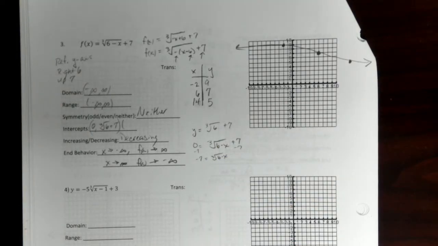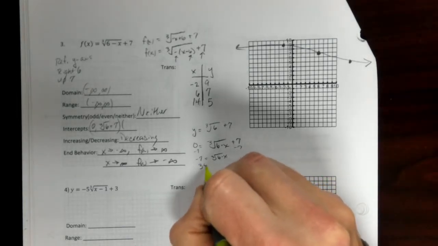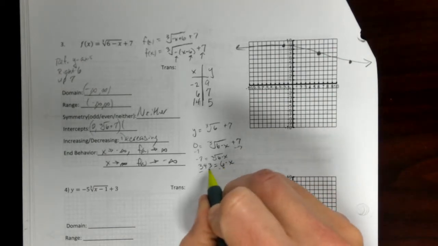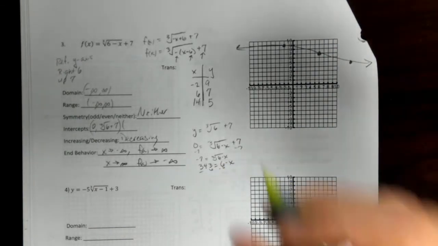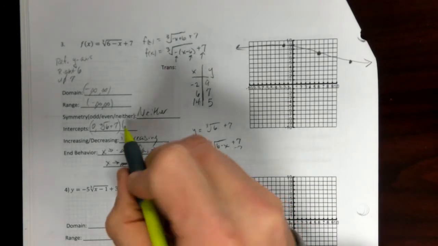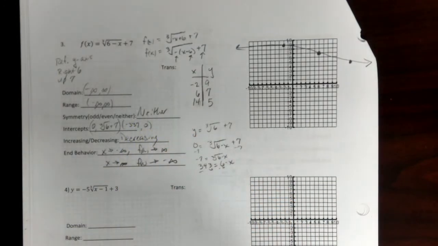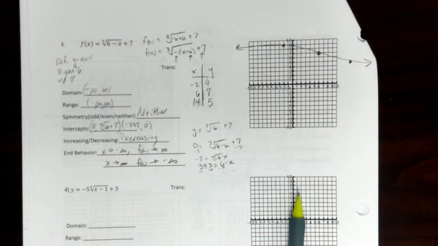We'll take 7 and we'll cube it. We get 343 equals 6 minus x. Subtract 6. And we get x equals negative 337. So at negative 337, 0.